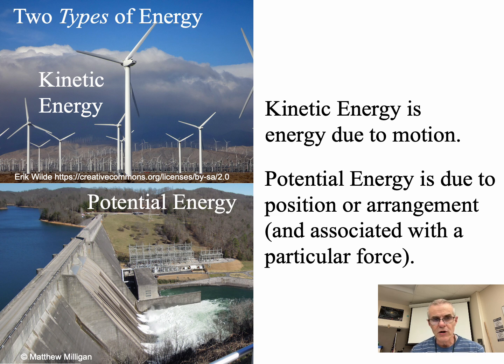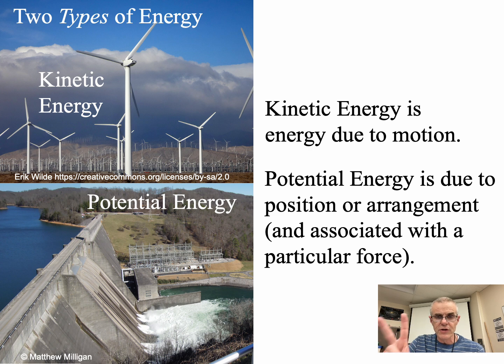When I have the water piled up behind this dam, that represents the ability for work to be done. Gravity pulls the water through the dam. Ultimately, that causes turbines to turn, and then we can generate electric energy. There are all kinds of energy, by the way. Electric energy, nuclear energy, chemical energy, they're all types of energy.